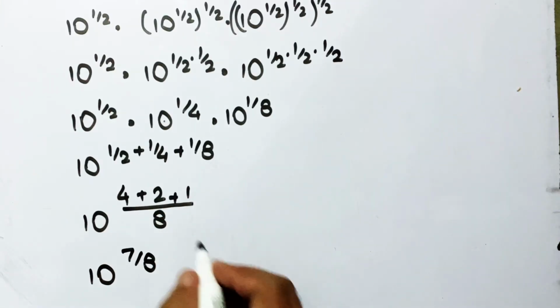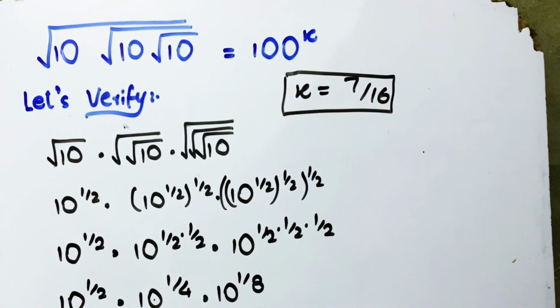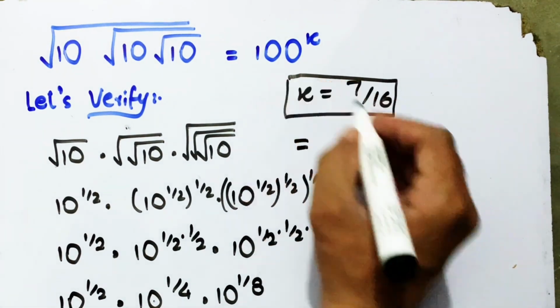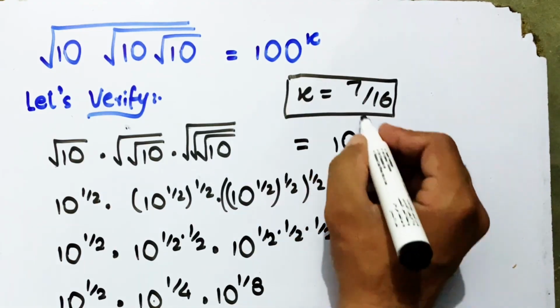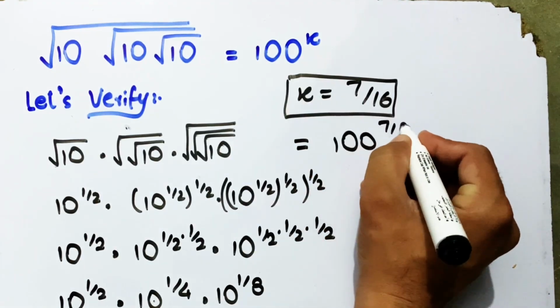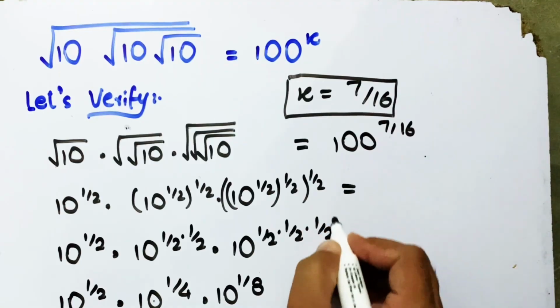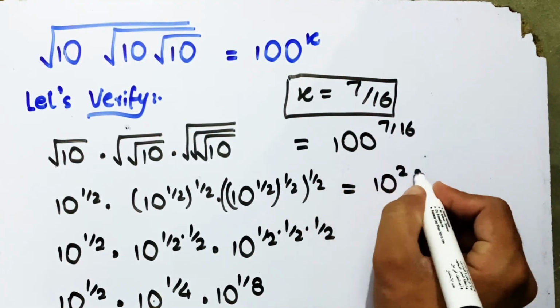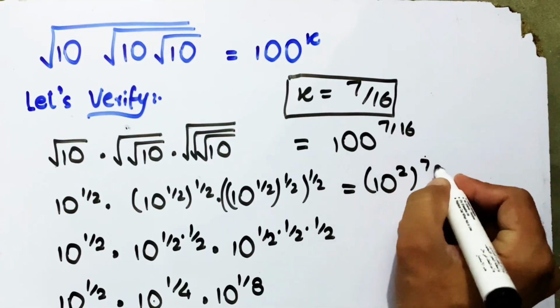Now solve the right-hand side. The right-hand side equals 100 to the power of x, which is 7 by 16. Since 100 becomes 10 squared, we get 10 to the power of 2 times 7 by 16.